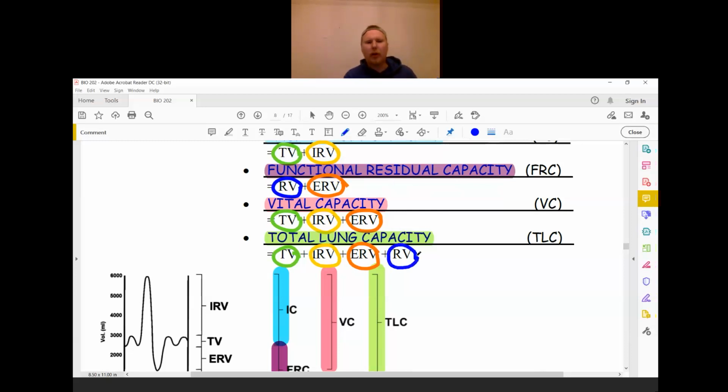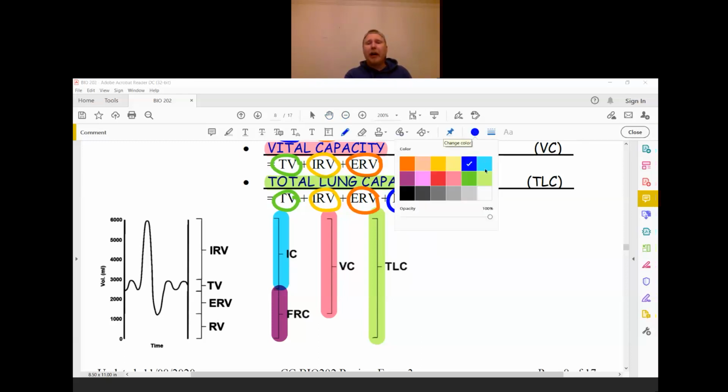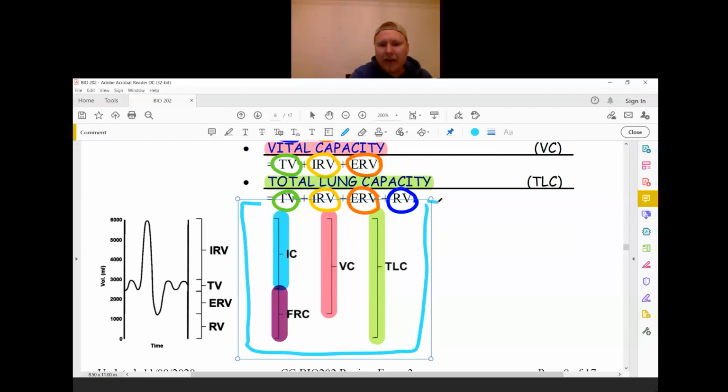So all of those volumes that we measured added together give us the total lung capacity, as we see here. This is useful to know as we work out the different capacities based on the various volumes that we were able to measure with a spirometer.